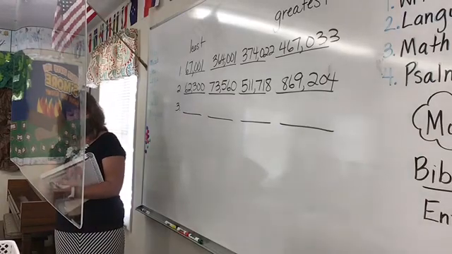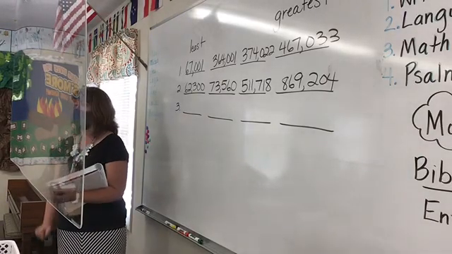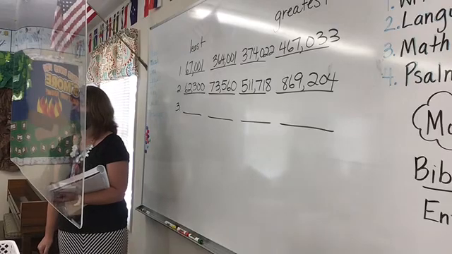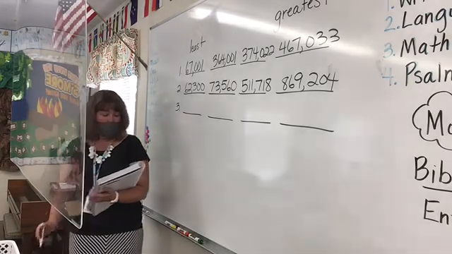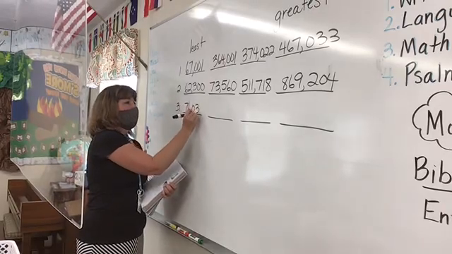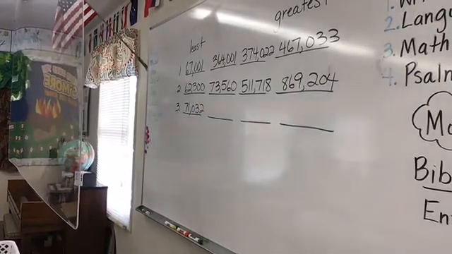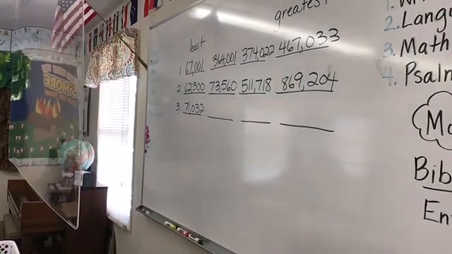Okay, number 3, look at those numbers and somebody tell me which one is the least. Mason? 71,032. Very good. And then who can tell me which one would come next?